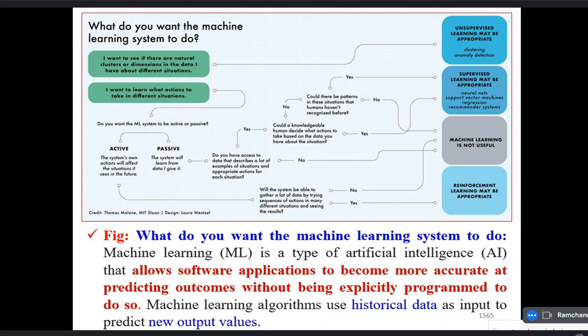Do you want the machine learning system to be active or passive? Machine learning is a type of artificial intelligence that allows software applications to become more accurate at predicting outcomes without being explicitly programmed to do so. Machine learning algorithms use historical data as input to predict new output values.